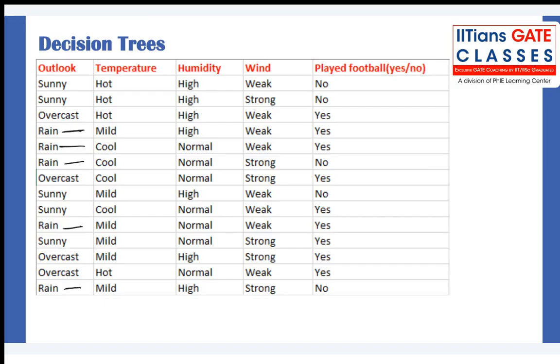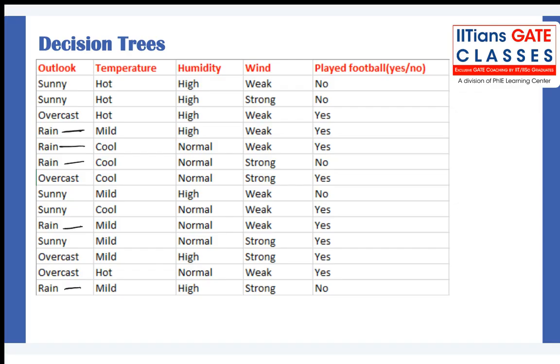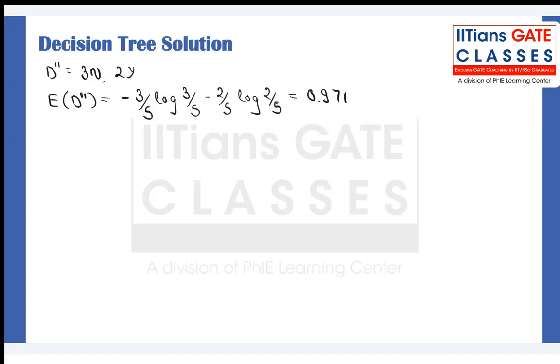Now I will also calculate this for the thing that I know. I have an oracle which tells me which feature is correct, so I'm not wasting much time here. I know wind is the best, and wind is also a two category feature, either strong or weak.